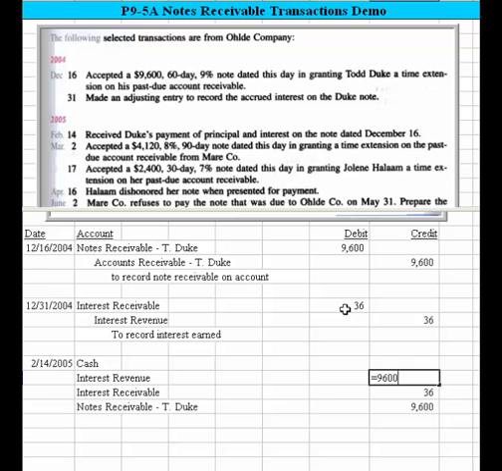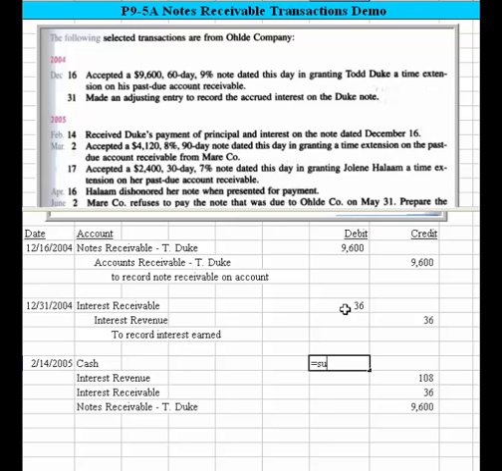That would be $9,600 times 9%, times 45 days, divided by 360. That's the interest for the days we've yet to record. It's $108.